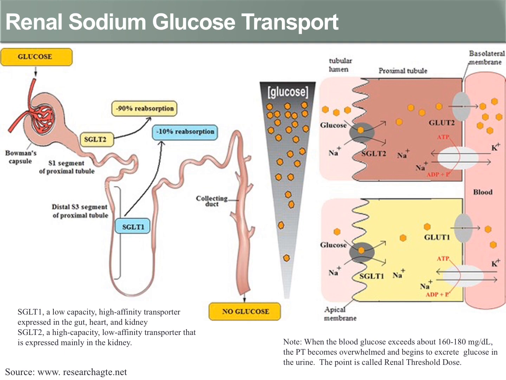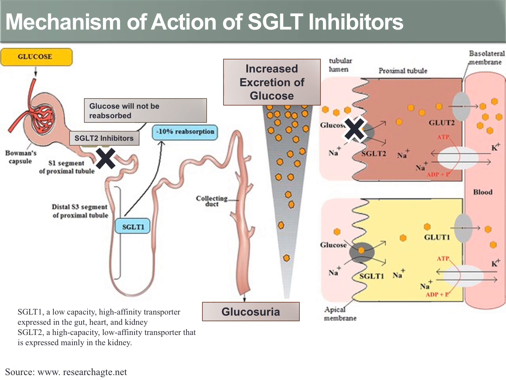Once it goes to the distal segment of the proximal convoluted tubule, the other 10% is also absorbed. So in a normal person, you will not have glucosuria. We don't have any glucose in our urine. So what if you can inhibit this reabsorption? What will happen is all the glucose will now be excreted through our kidneys and will find its way into the urine.